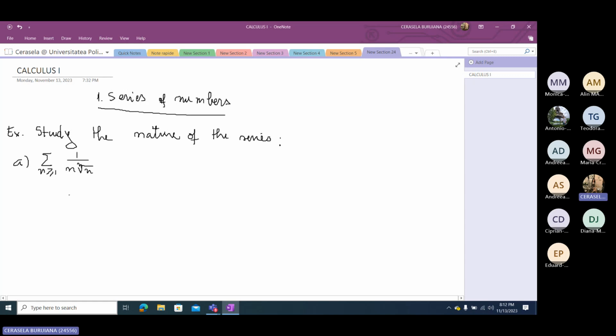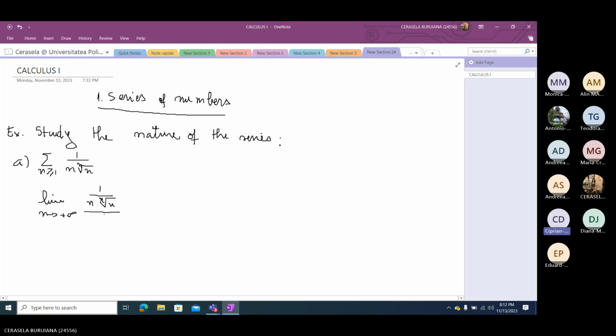Well, do you remember the limit comparison test? For this series, if I compare it with the series of general term, and if you remember from the seminar, when I use the limit comparison test, I compare the series with the Riemann series. Can you tell me which Riemann series would be suitable for this case?